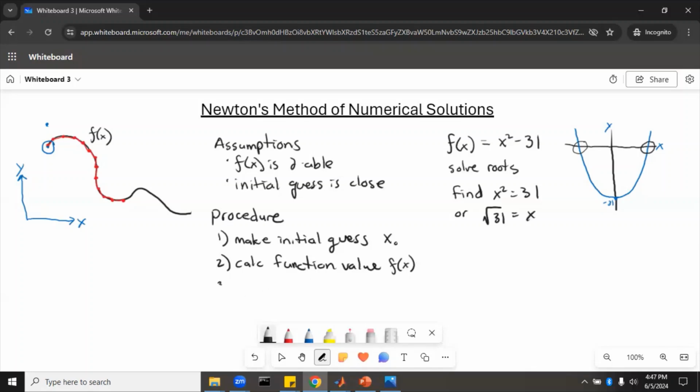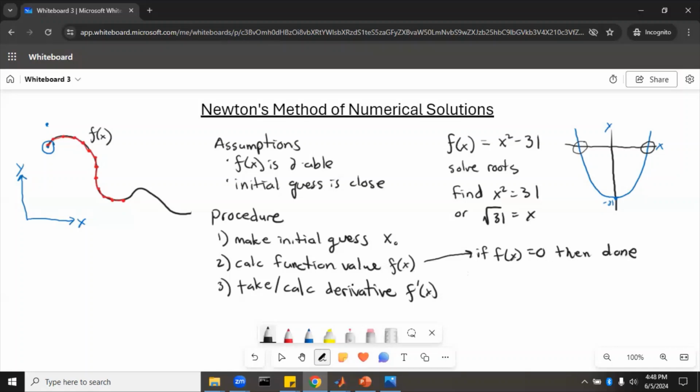Then we would take the derivative, f prime of x. Now, actually here we want to say if f of x equals 0, then you're finished.